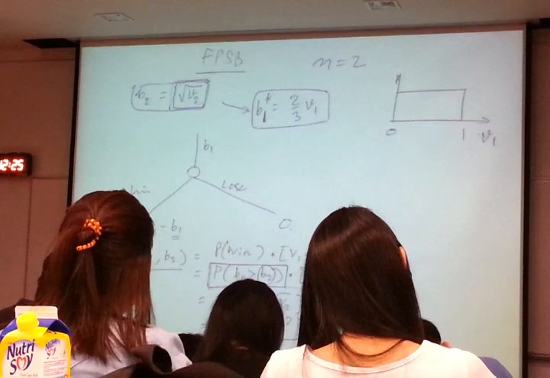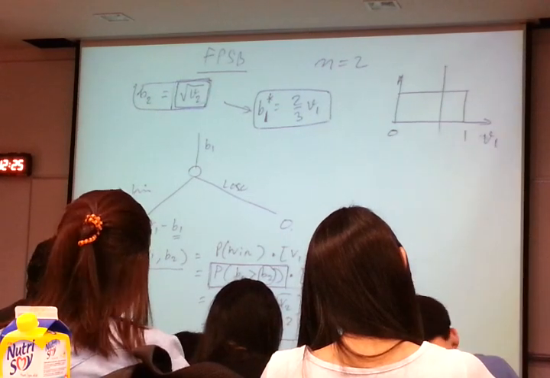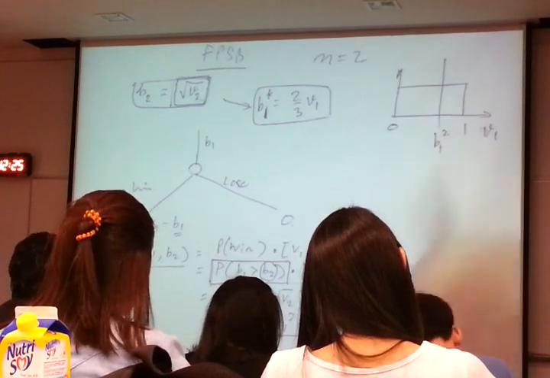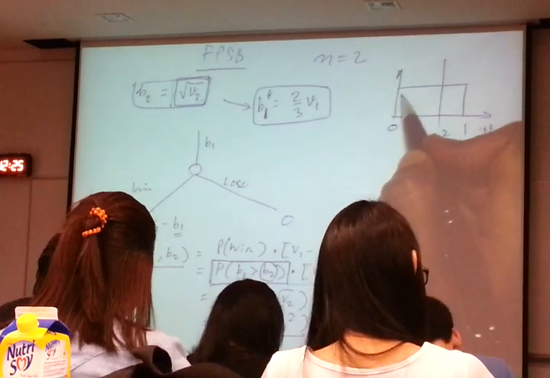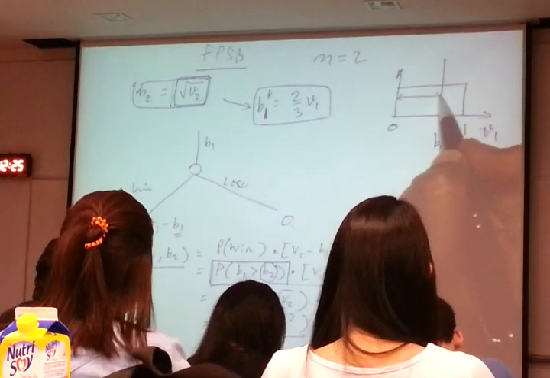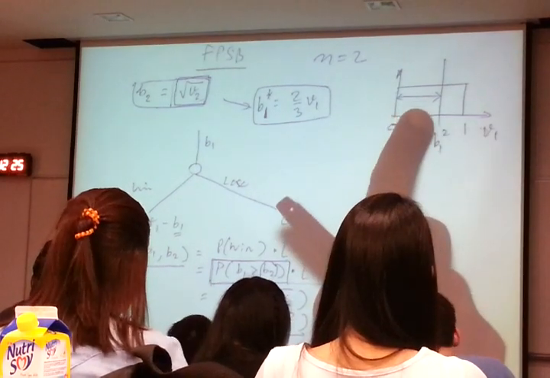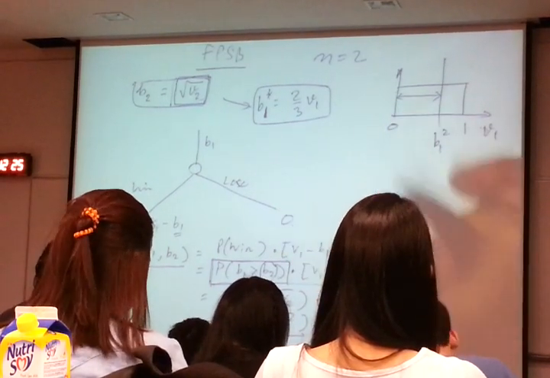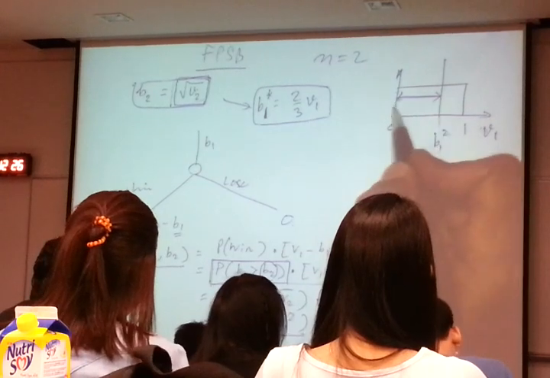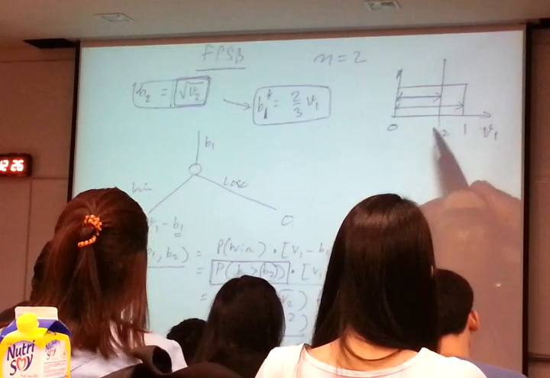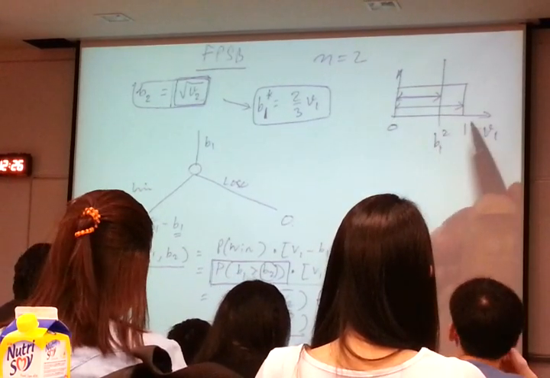The answer will always be found from your distribution. Randomly assume some B1 squared and ask yourself, what is the probability that another valuation, which I draw randomly from this population, will lie in this region? The answer is the ratio of this line segment over the length of this line segment. That gives you the probability.